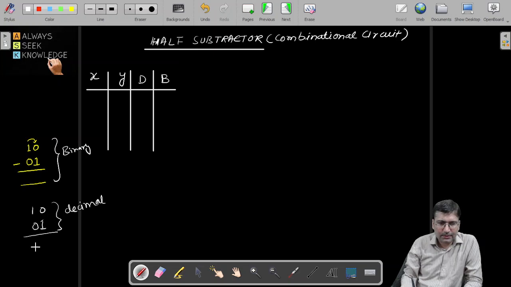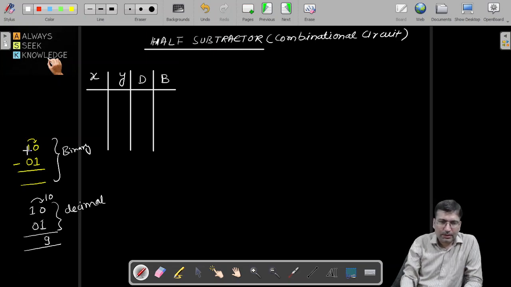Now what is the difference? The same thing is there. When we want to subtract 1 from 0, we cannot do it, we need to borrow from here. The second place in decimal represents 10 to the power 1. This is 10 to the power 0, that means 1, and this is 10 to the power 1, that means the 10th place. So we will borrow 10 actually, and out of 10 we can subtract 1, so we will get 9 here.